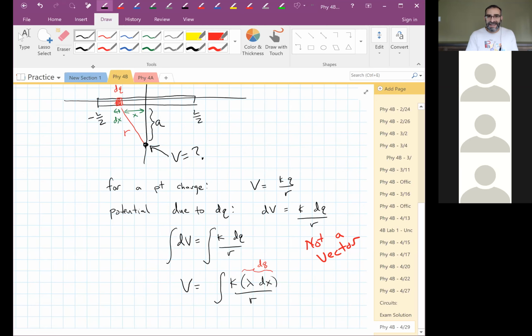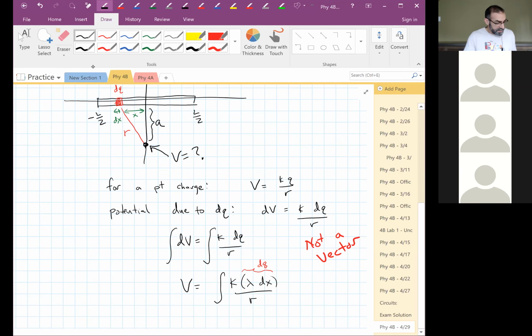Now we have a scalar. No need to break it into components. Please don't break it into components on the exam.